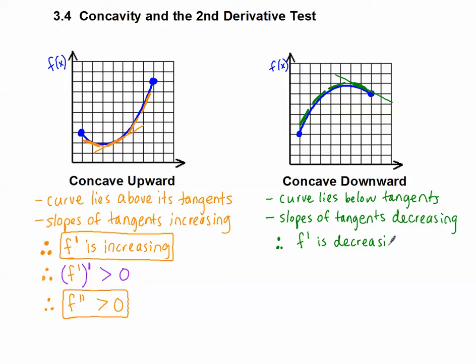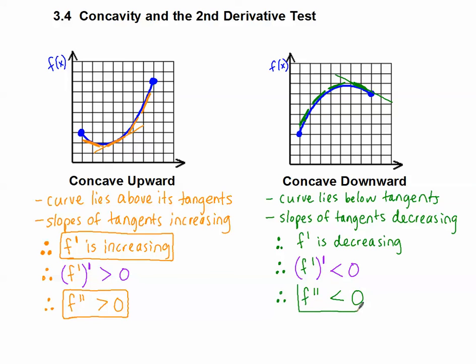Remember, slope means derivative. So we're just taking out the words slopes of the tangents and putting derivative in its spot. Well, what does that mean? Its derivative, f prime, is decreasing, so the derivative of f prime is negative. That's right, the second derivative, f double prime, is negative.